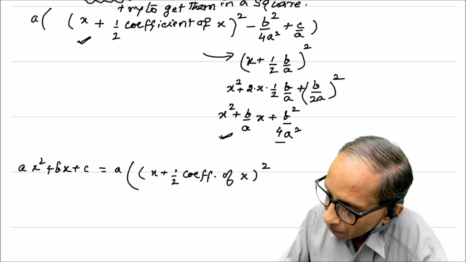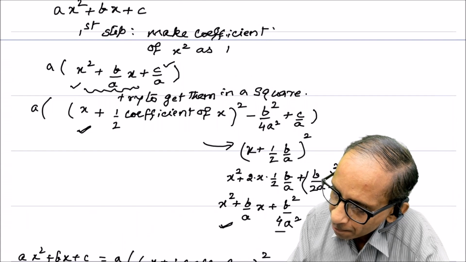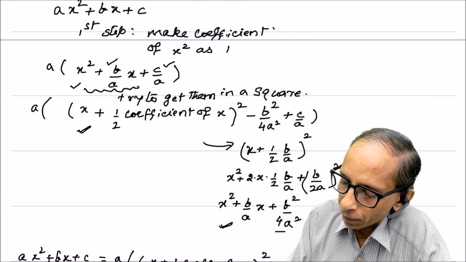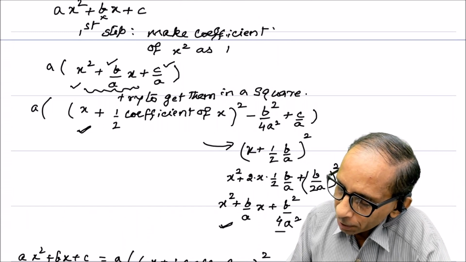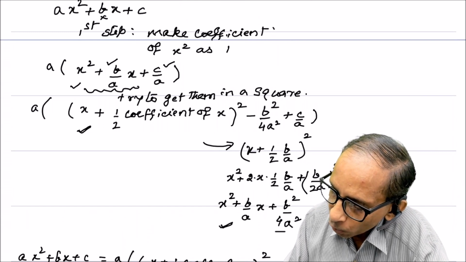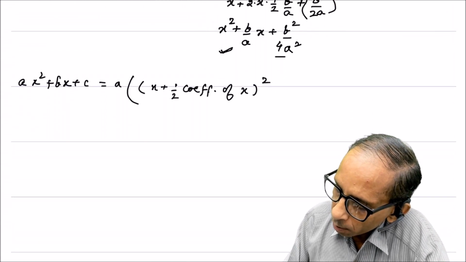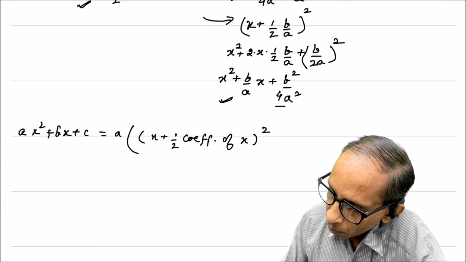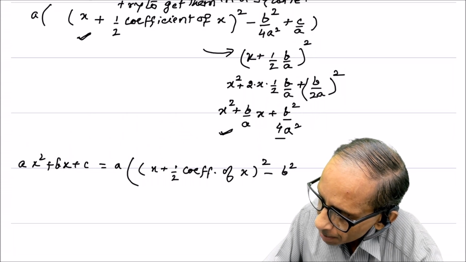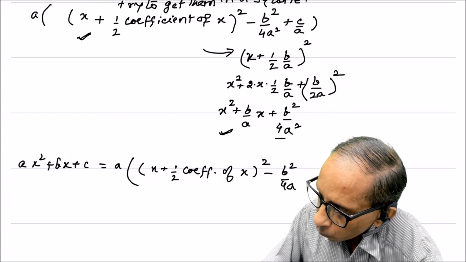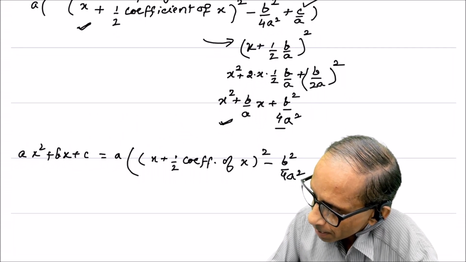And when we say half of the coefficient of x, what we mean is actually this particular term, and not this particular term. We should not think that the coefficient of x is b. The coefficient of x has to be taken as b by a. So once we achieve this much, we have minus b square by 4a square plus this c by a.